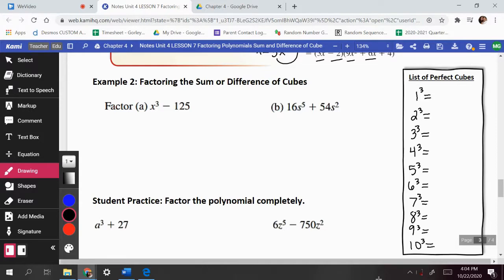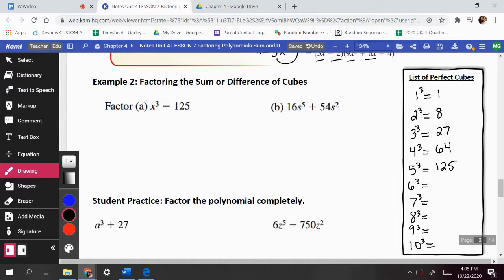Okay, 1 cubed is 1. 2 cubed is 2 times 2 times 2, which is 8. 3 cubed is 3 times 3, which is 9, 9 times 3, which is 27. 4 cubed, let's see, 4 times 4 is 16, and 16 times 4 is 64. For 5 cubed, we have 5 times 5, which is 25. And then if I multiply that again by another 5, I would get what? 125.